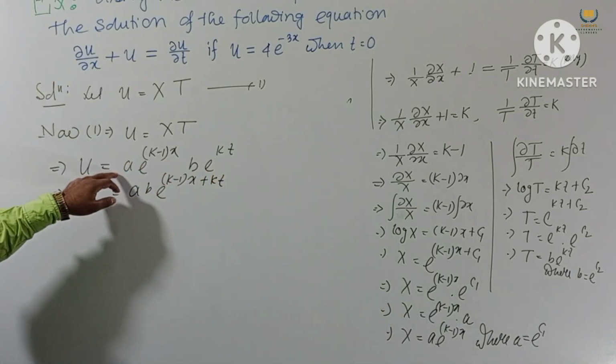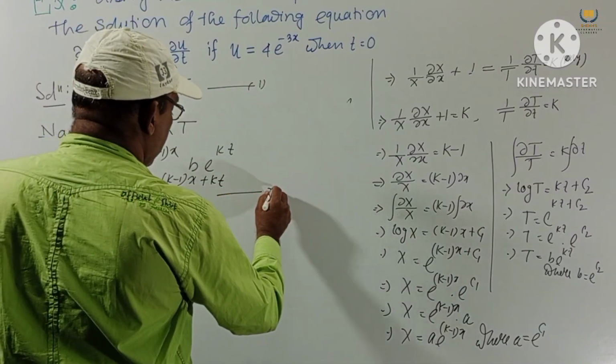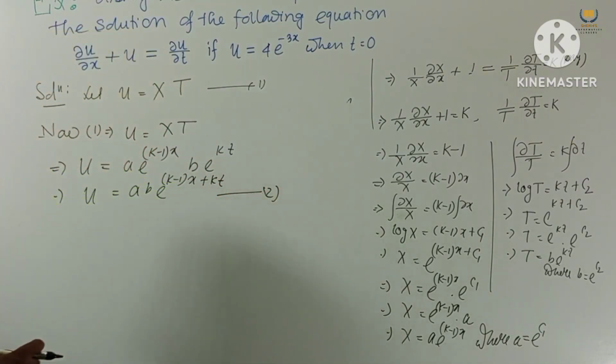A and b we write together, and if base is same, powers will be added. This is number 2.